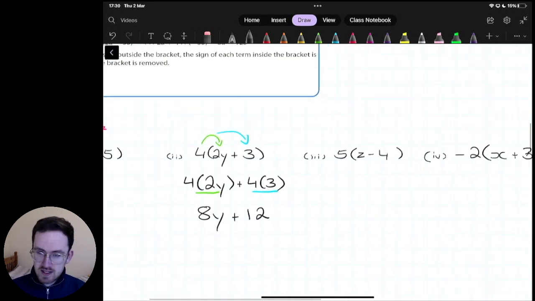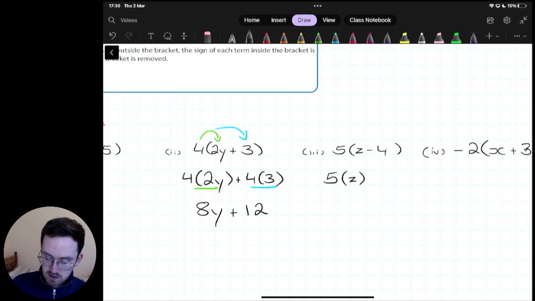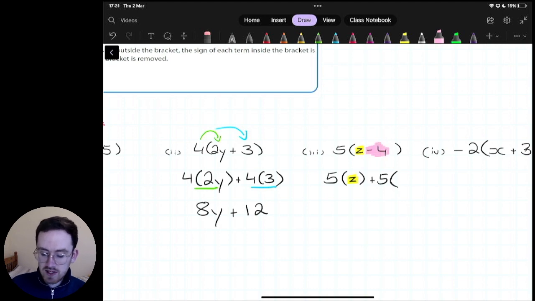If we look at the next part, the same idea applies here. So I have the 5 that's in front multiplied by z. Okay, and that's coming from here. So the z is here. And then again, I have the 5 that's in front, and it's going to be multiplied by the next term, which is not just 4, it's actually minus 4. And it's really important that because it's minus 4, we include that minus, because that's going to change our answer. Remember with those arrows there, we were talking about the sums that we're doing.